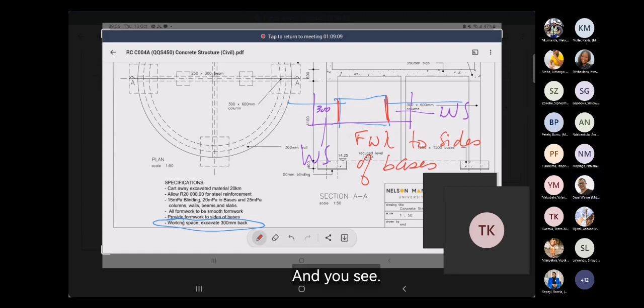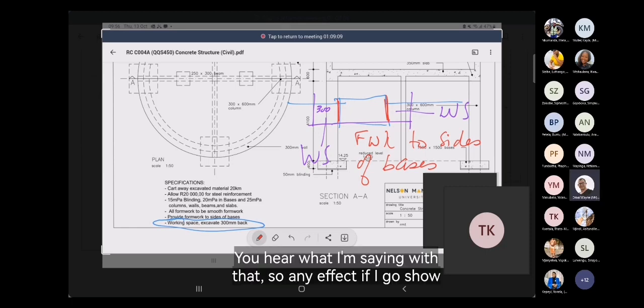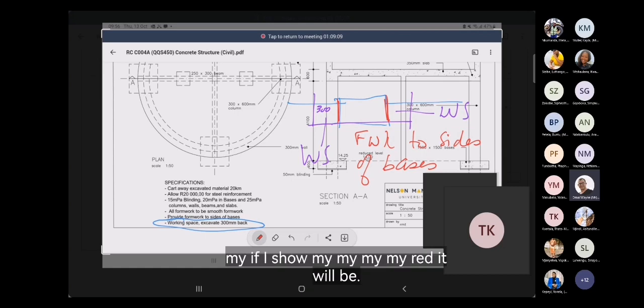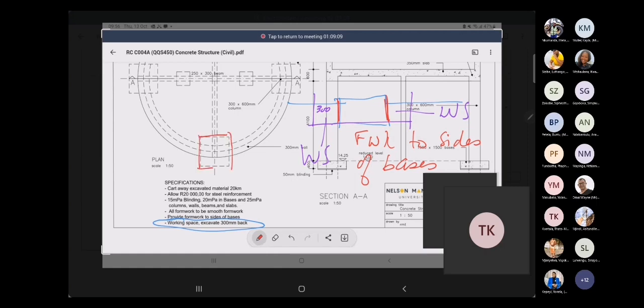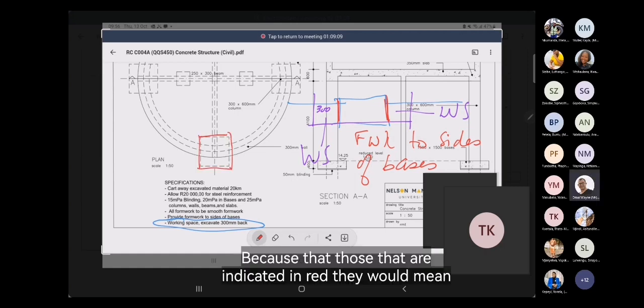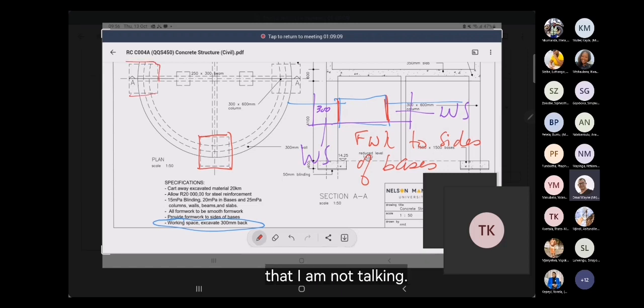Can you see? Are you with me, guys, online? Do you hear what I'm saying with that? So in effect, if I show my red, those that are indicated in red there would mean that I am now talking about my bases.